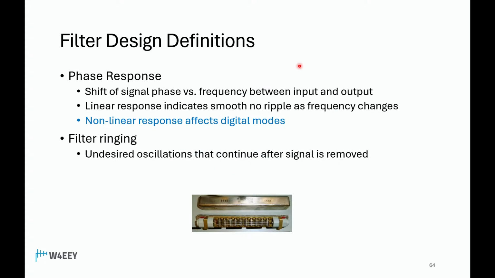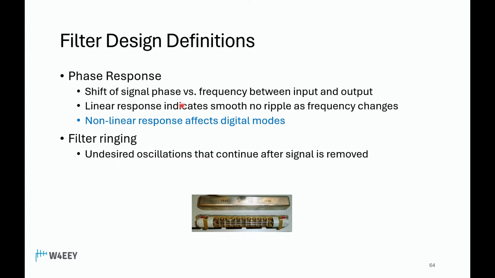Some design definitions here. Now the human ear isn't very sensitive to phase distortion, but some kinds of nonlinearities have a major effect in digital. So the shift of signal phase, now if we're dealing with coils and capacitors and designing and using filters, we're going to be getting some phase shifts due to the reactive components that are there.